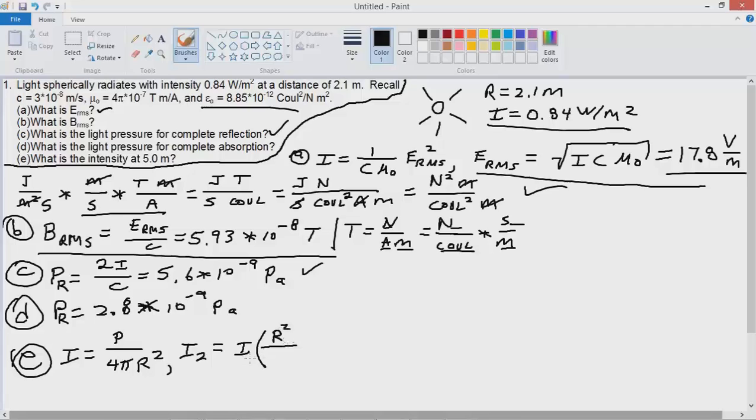In this case, we don't have any subscripts on it, so we just have I and R. But now we're changing our distance from 2.1 to 5 meters. So we expect intensity to go down by the 1 over R squared law.